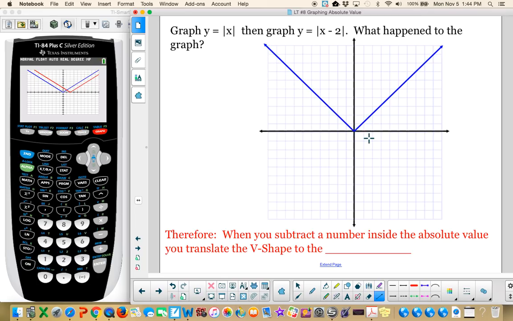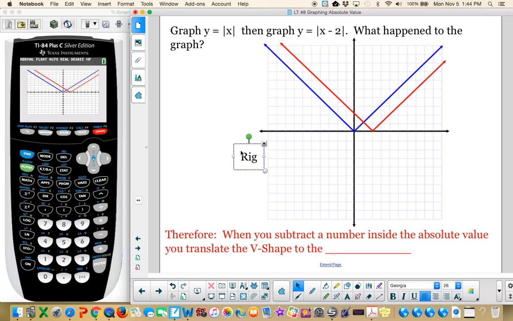And then what happened to the parent function is you translated to the right 2. So we translate to the right 2. So when you subtract a number inside the absolute value, you translate to the right. The V shape translates to the right.